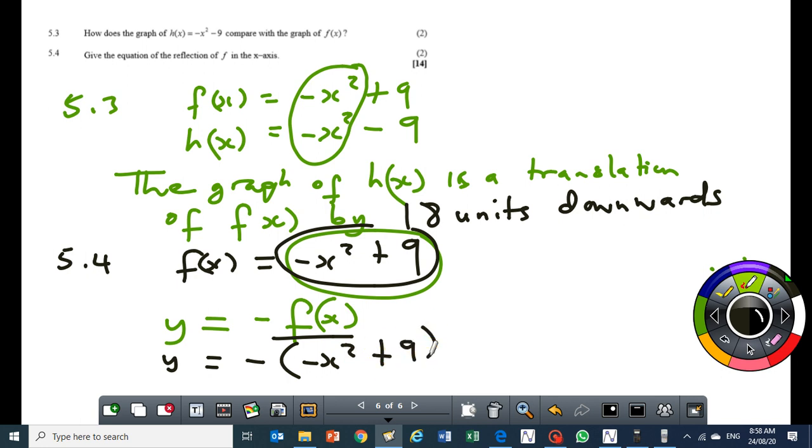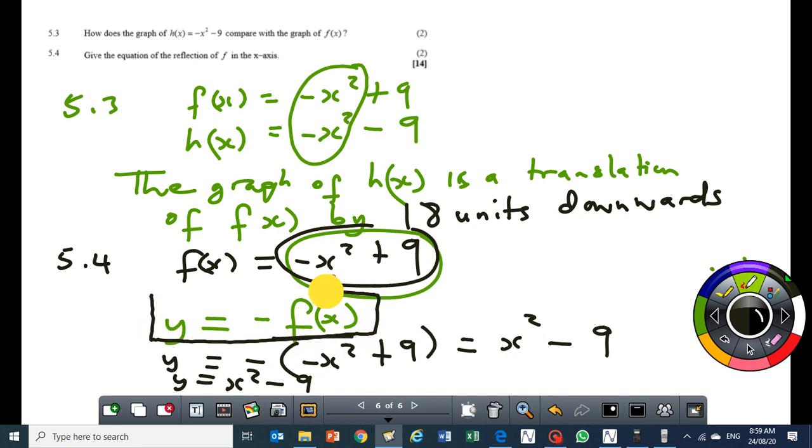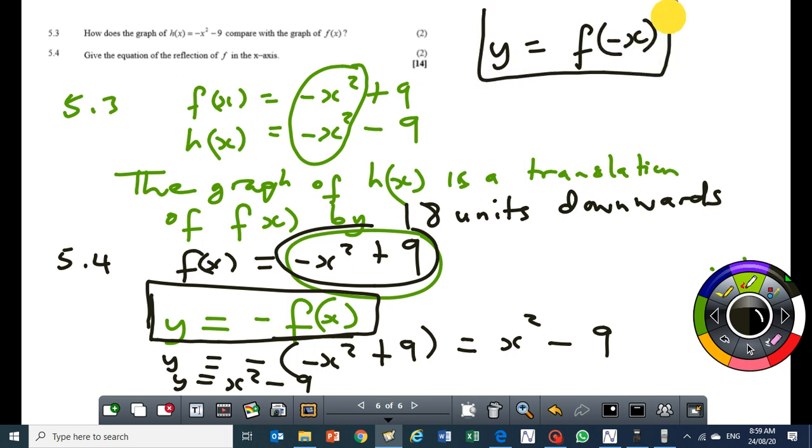And the final answer will be positive x squared minus 9. So your equation will be y equal to x squared minus 9. And always remember that the reflection about the x-axis is given by that. Reflection about the y-axis is given by f of minus x.